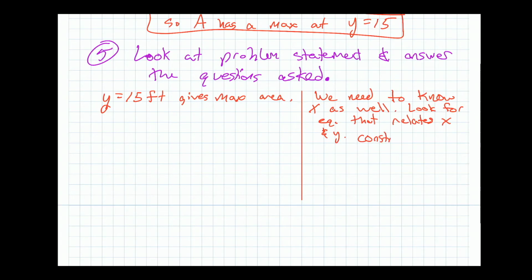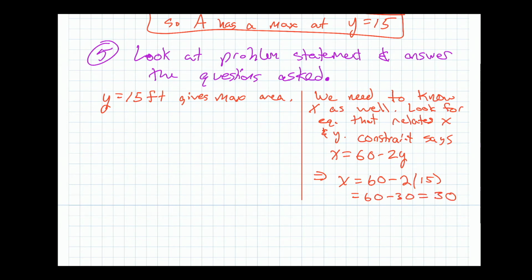The constraint says x is 60 minus 2y. So x is 60 minus 2y, but y is 15, right? So 60 minus 30, which is 30.